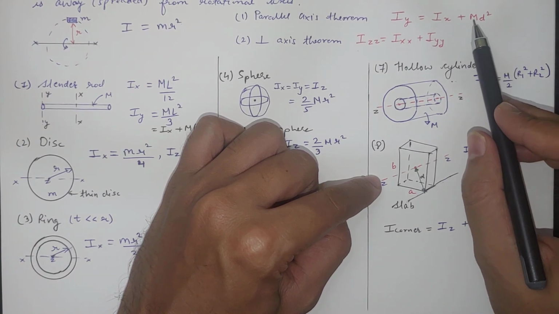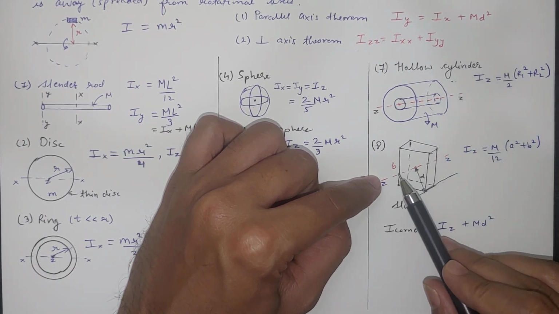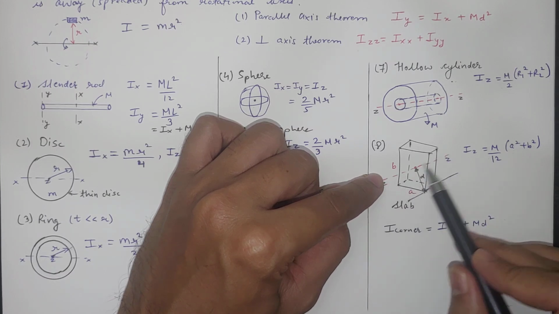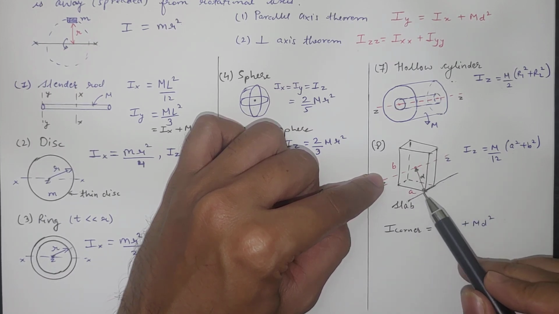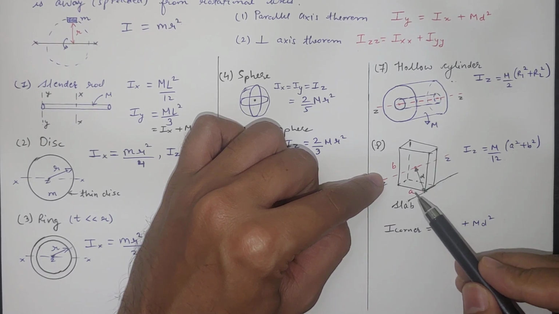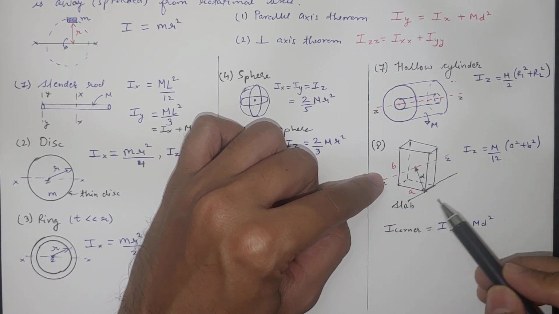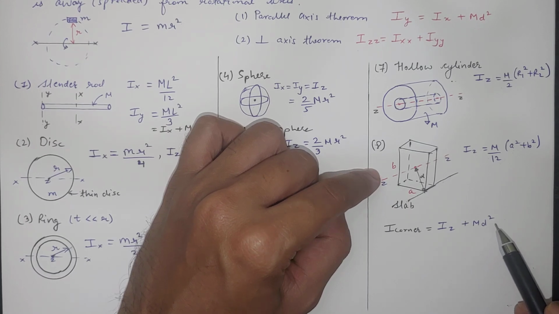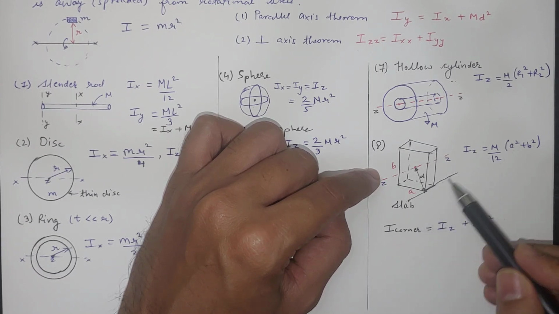We have to add mass times distance square. So mass m of this slab plus the distance between both of these axes, that will be distance d. We can also calculate it from the geometry a and b. This is a by 2 distance, this is b by 2 distance, and we apply Pythagoras. So here plus m into d square. So this is how we can calculate for the corner.